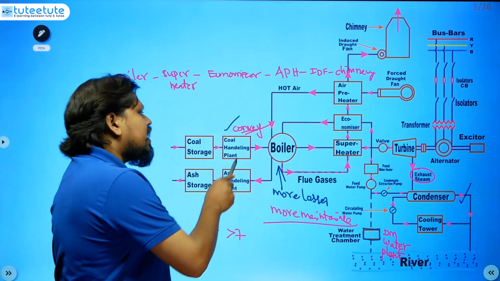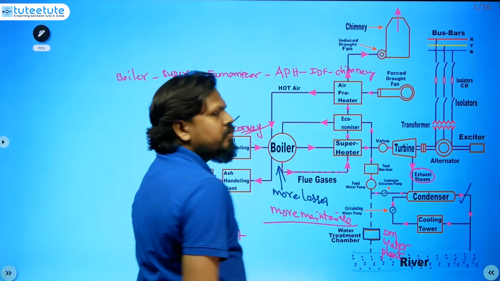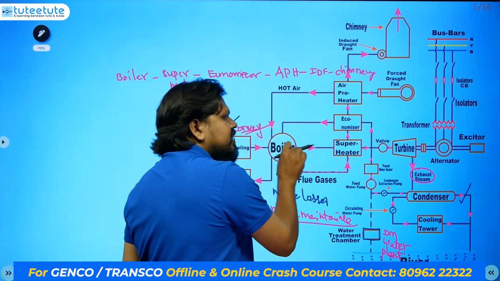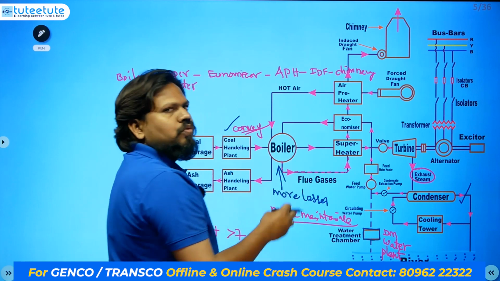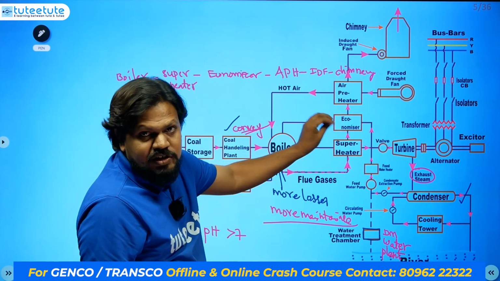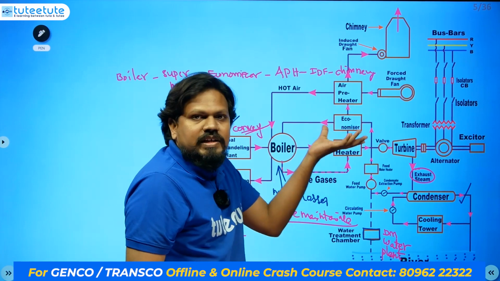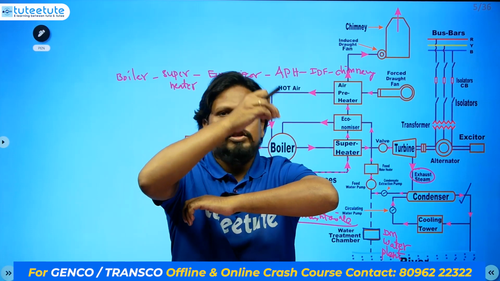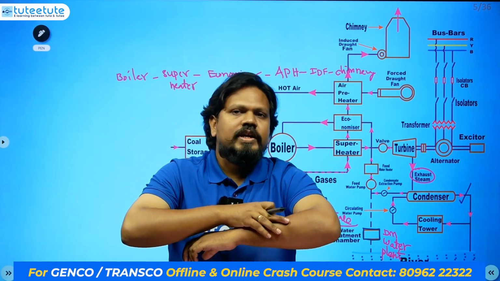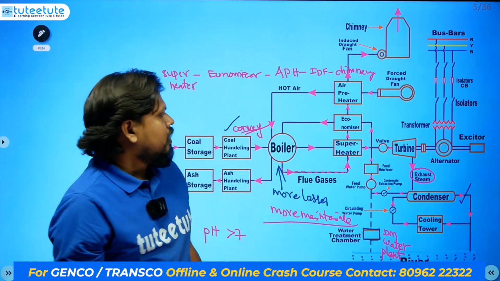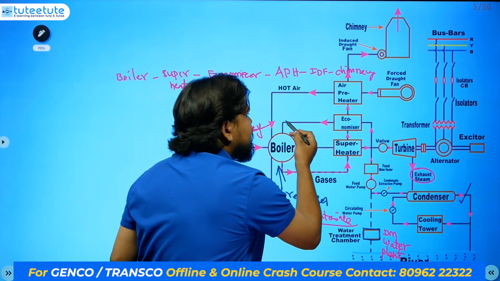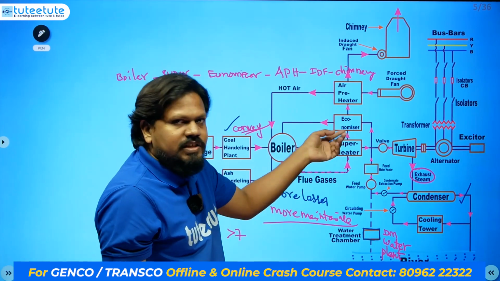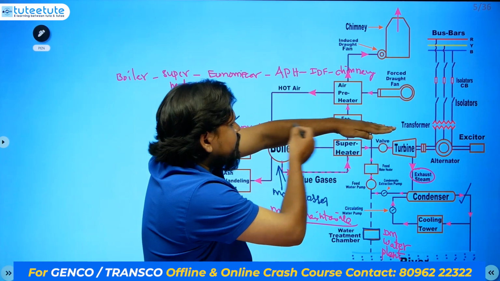You may wonder why we send these flue gases through all these elements. In the superheater, we send the steam in, and we increase the temperature of that steam by sending these flue gases over the pipe, so the steam temperature is increased a little. Similarly, we have to send hot water inside, so water comes through this pipe and flue gases pass like this.